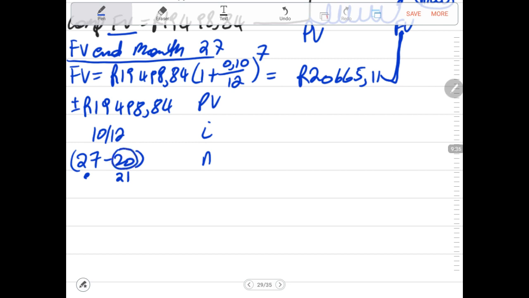We're starting in month 21, from the next month that we have deducted up to the last month, which is obviously 7.